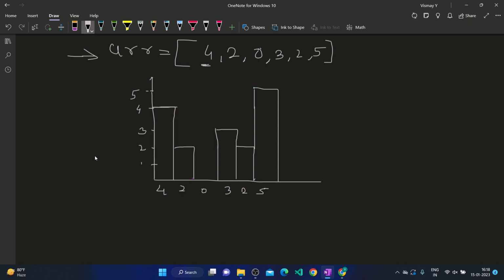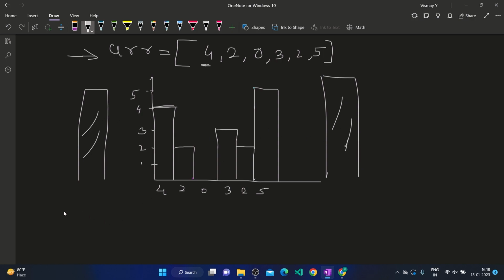Let's start from the first bar. We can check what the highest bar on its left side is and what the highest bar on its right side is, and we will check this for all the elements. We will write the left highest and right highest here.